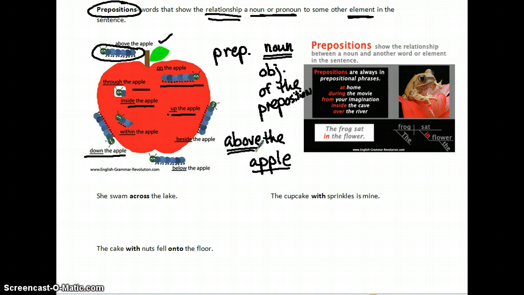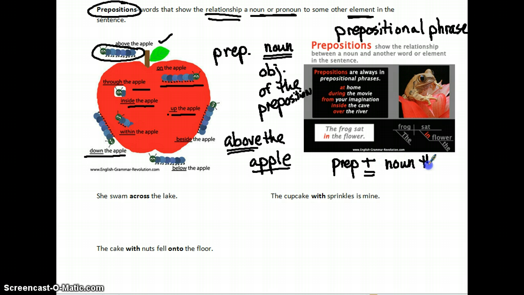What prepositions will always do is they will always be followed by objects. We say that they take objects, and together they form what are called prepositional phrases. So a prepositional phrase is nothing more than a preposition plus the noun that follows it. It's the object, we say, of the preposition.